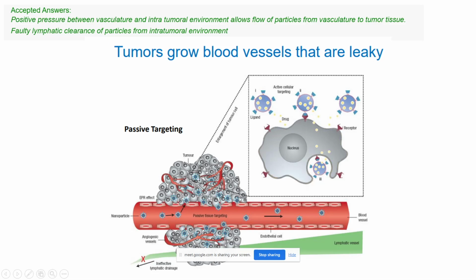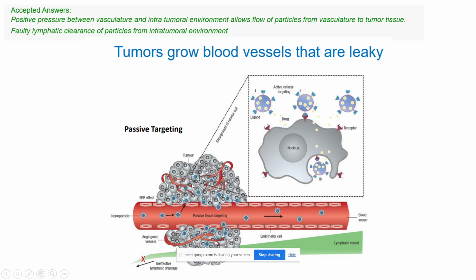The cells that are formed by the tumor or in the nearby regions grow very rapidly, they are not very organized, so that leads to leakage and a lot of gaps between the cells, and that is why particles are able to easily permeate through these gaps into the tumor tissue or the tumor environment.